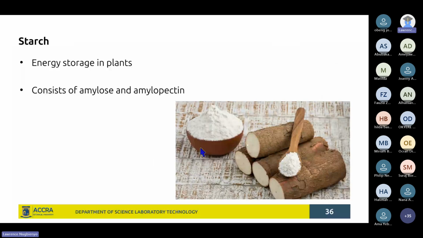So we're saying starch, which is an energy storage in plants, is either stored in the roots. What you see here is some cassava. So cassava is a root tuber. So that is the storage of carbohydrates in roots by plants.